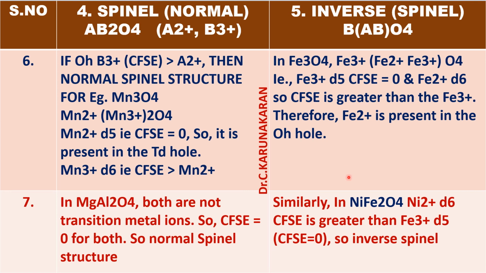Similarly, in NiFe2O4, Ni2+ is d6, crystal field stabilization is greater. Therefore, it occupies the octahedral hole, not the tetrahedral hole, because the divalent ion is in the octahedral hole. Therefore, this is also of inverse spinel crystal structure. Okay, so these are very, very important, often asked in GATE, CSIR, etc. Please study well. Thank you for watching.